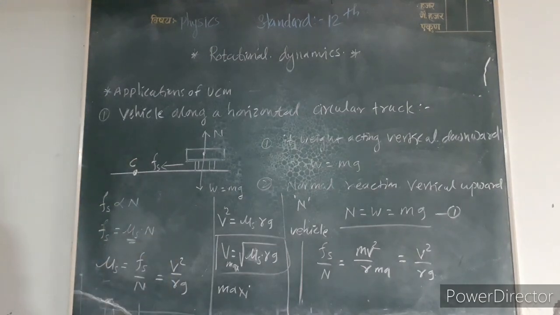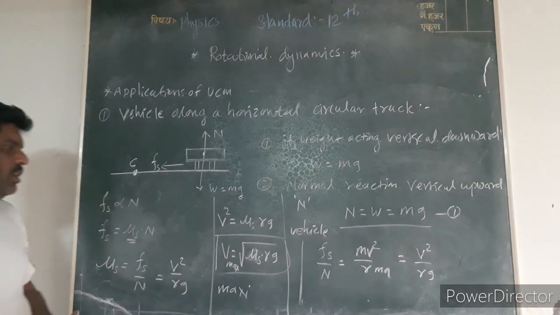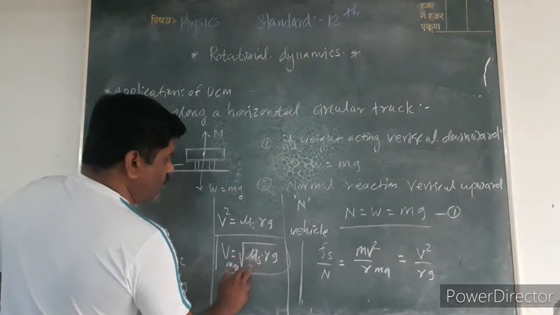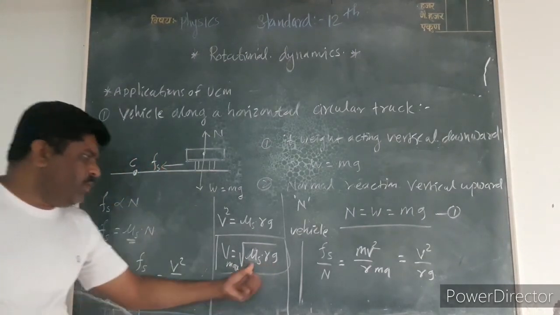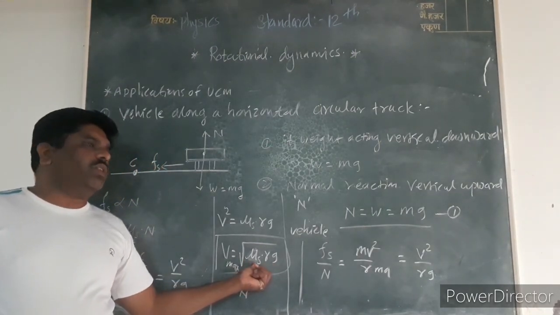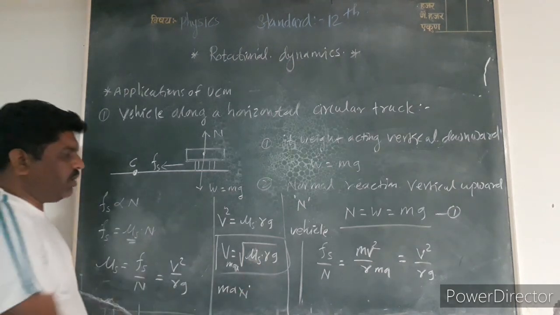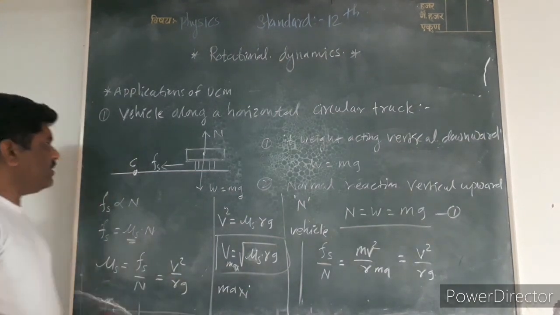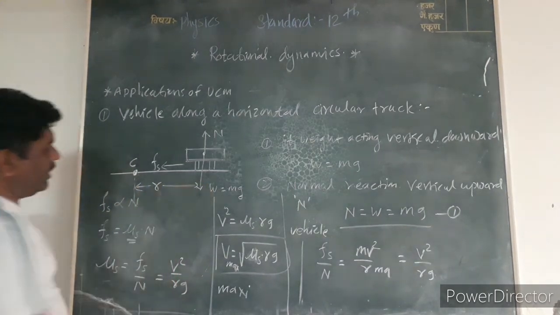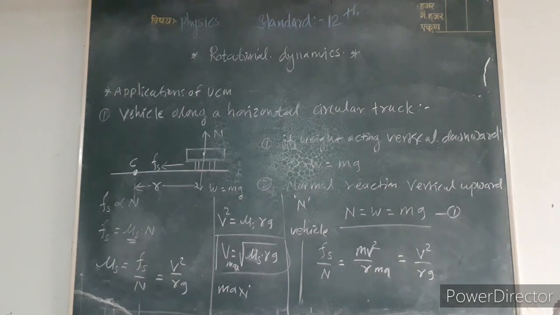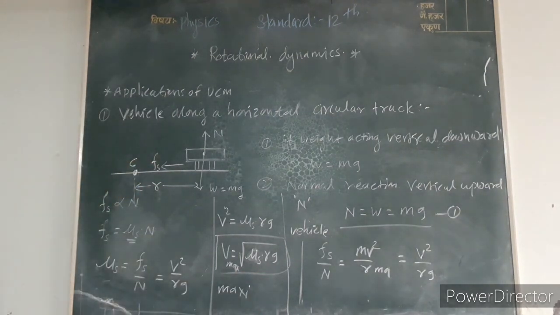Vmax is equal to the square root of mu s r g, where mu s is the coefficient of static friction between the road surface and the tire of the vehicle, r is the radius of the circular track, and g is the acceleration due to gravity.